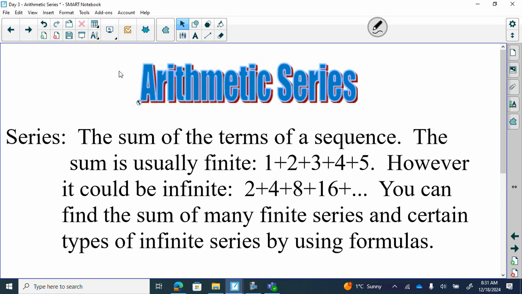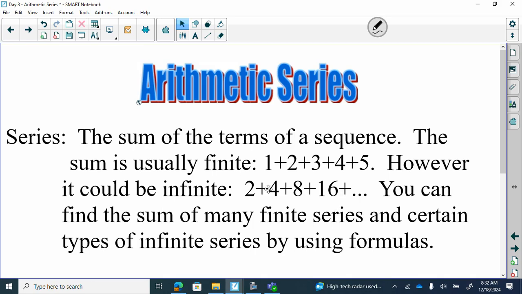Okay, arithmetic series. The sum of the terms of a sequence. So if you add up 1 plus 2 plus 3 plus 4 plus 5, what would you get? 3, 6, 10, 15. If you add 2, 4, 8, and 16, 6 and 8 are 14, and 16 is 30.